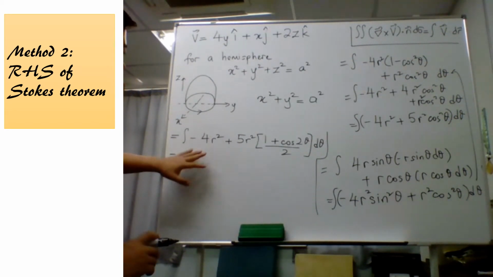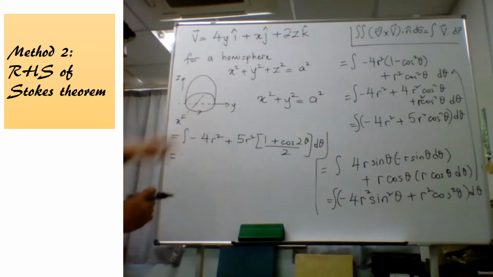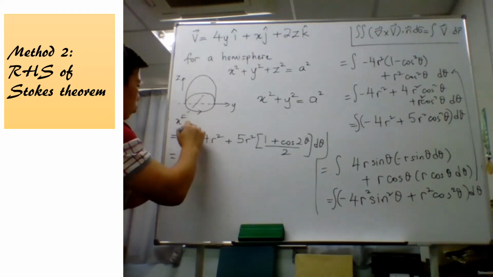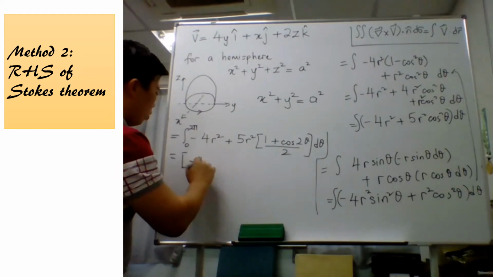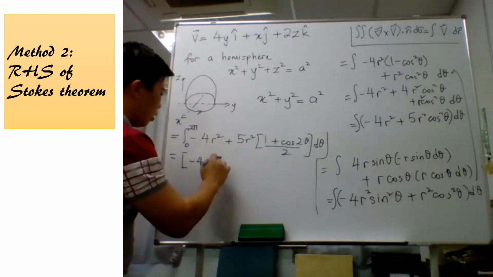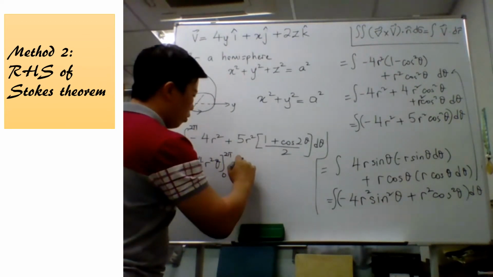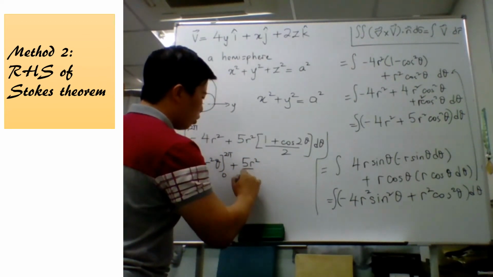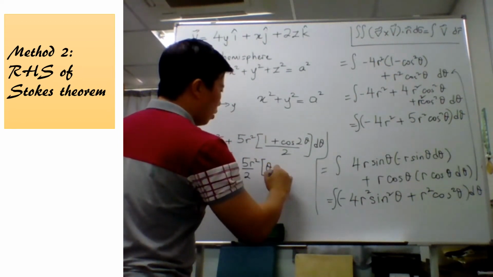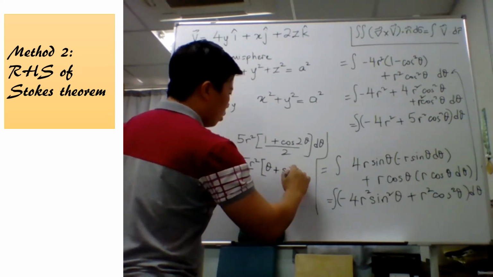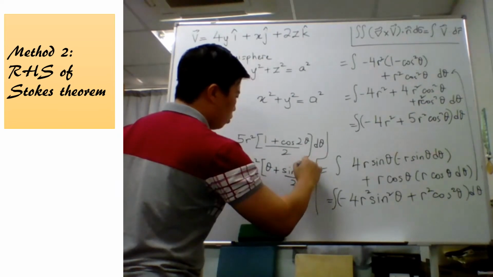So now you integrate this over a limit where you go from 0 to 2 pi. And here you will have minus 4r squared theta, 0 to 2 pi, and you will have 5r squared over 2 times theta plus sine 2 theta over 2, and you go from 0 to 2 pi.